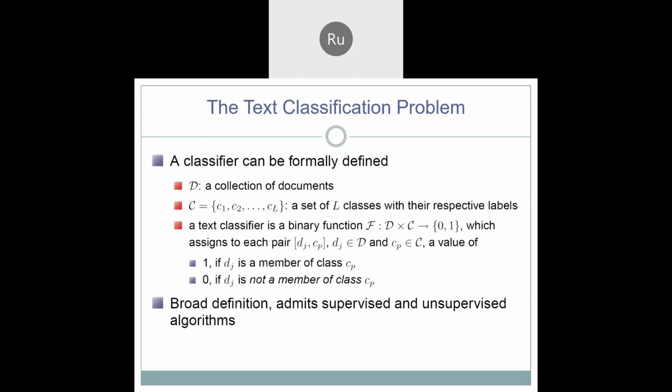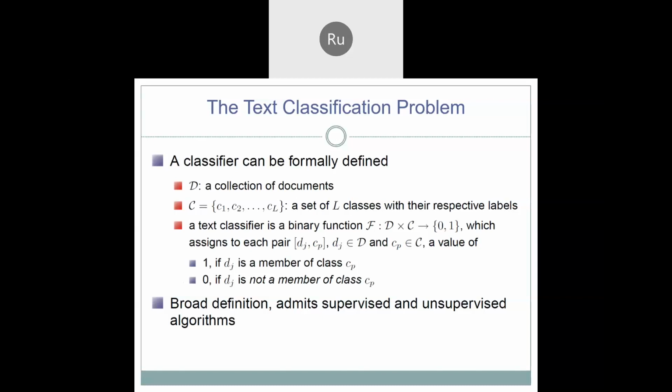So how do we define the text classification problem? In the text classification problem, we can derive the classifier by having a collection of documents, which is D, and of course predefined classes C. So it will cover C1, C2 up to CL, where L refers to the number of different classes.